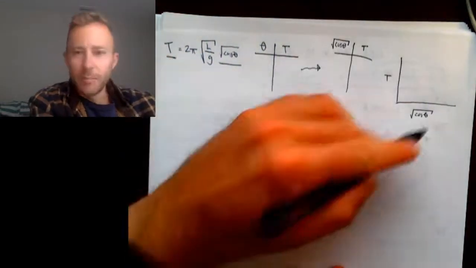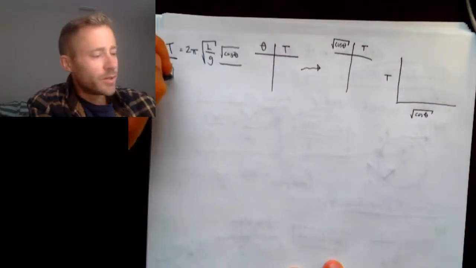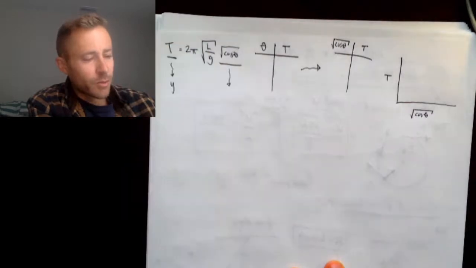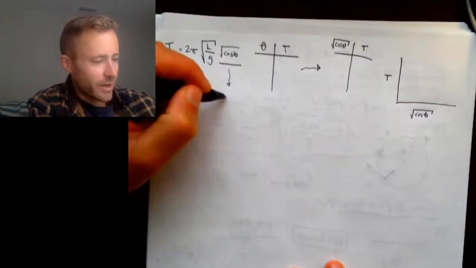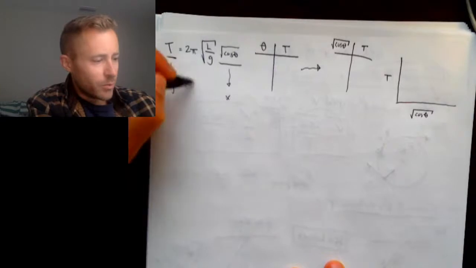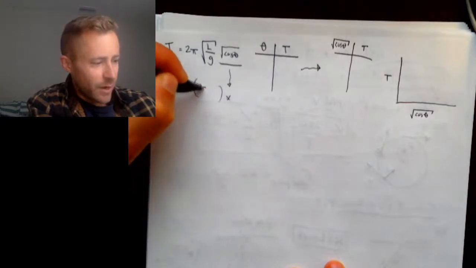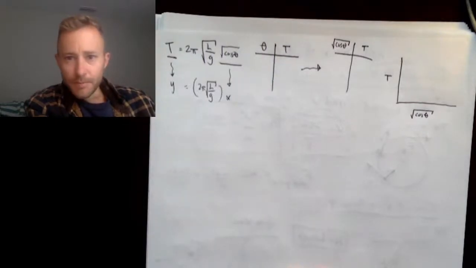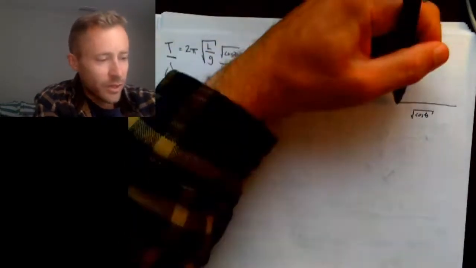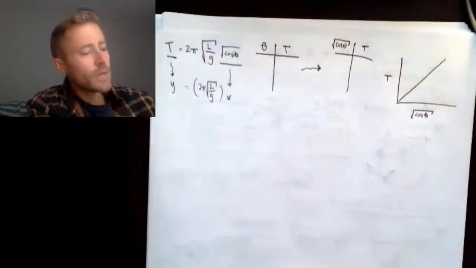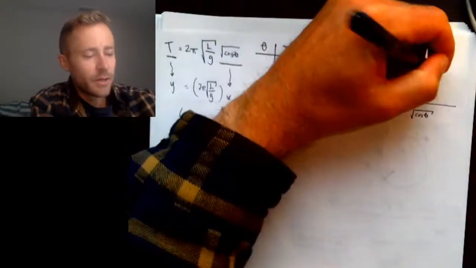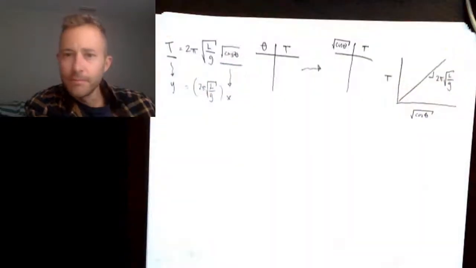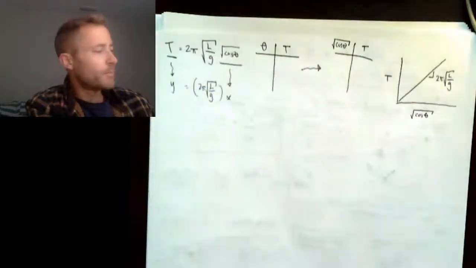Period is like y, and square root of cosine theta is like x, and the thing multiplying x is 2 pi square root of L over g. So this graph should look like a straight line, and the slope of that line is 2 pi square root of L over g. Boom.